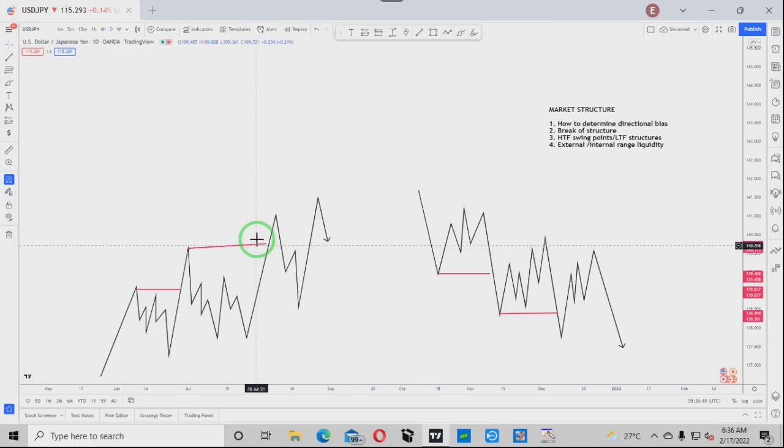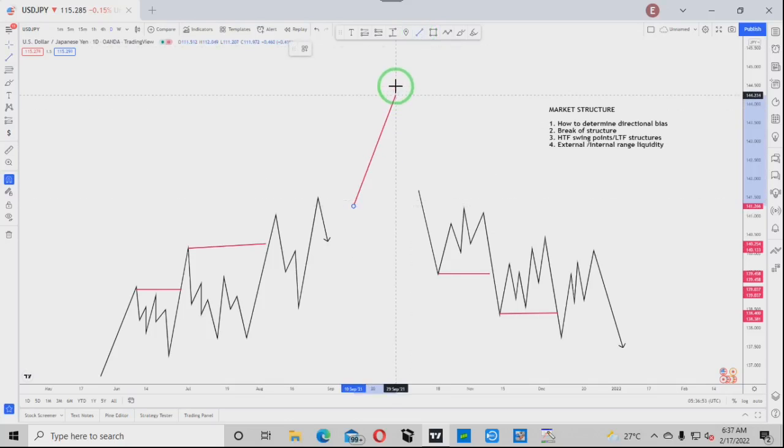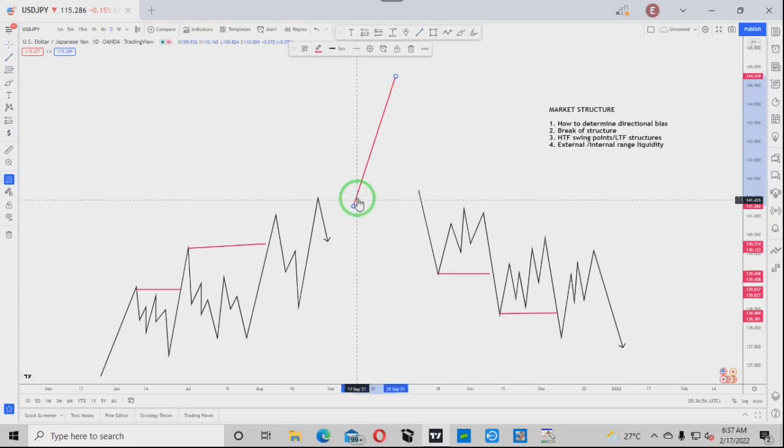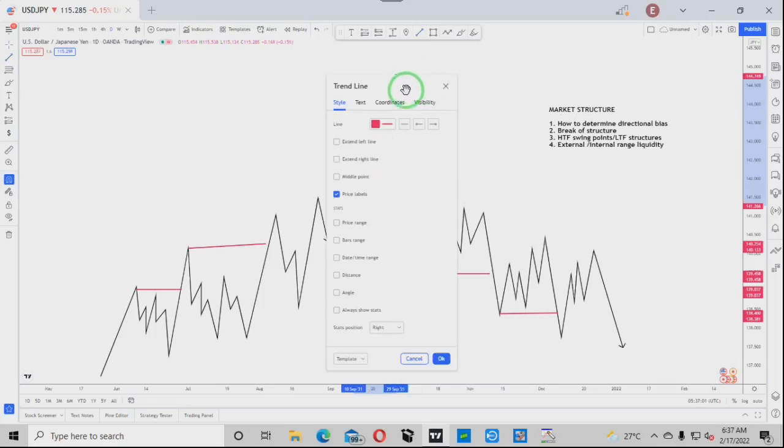Now, you know that in the market, how often do you see price move in a straight line like this? Not so often, right?